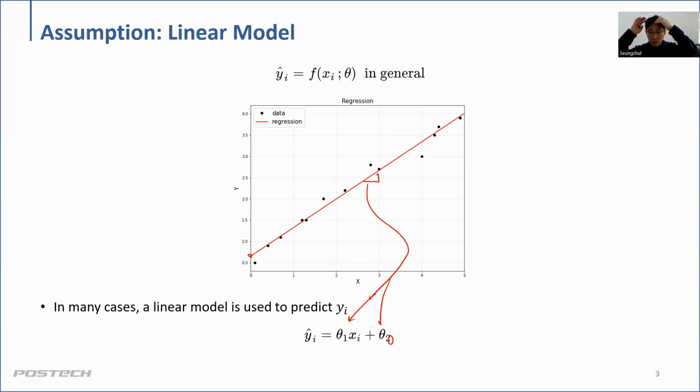So in geometric meaning, finding the linear model is how you draw the straight line. In equations it's the same thing in a different way: how do you find these two unknown parameters?